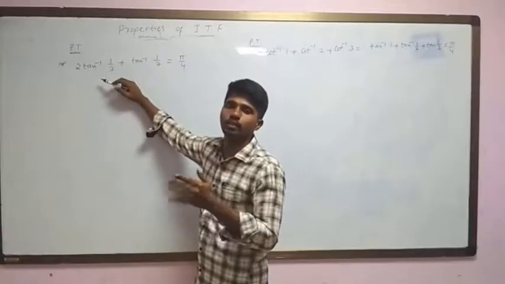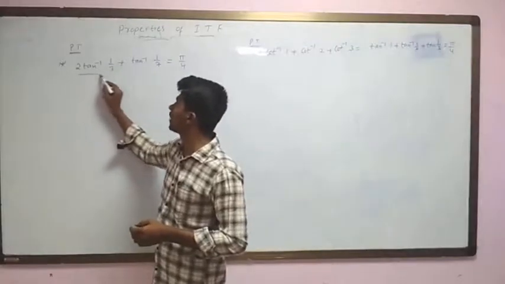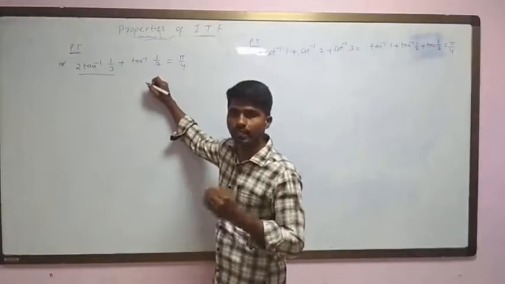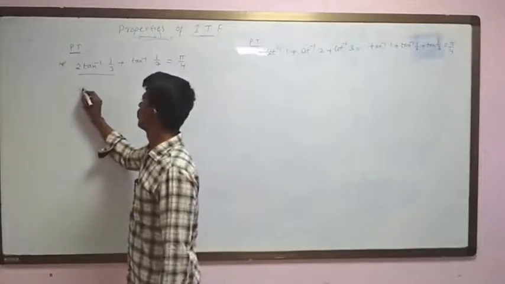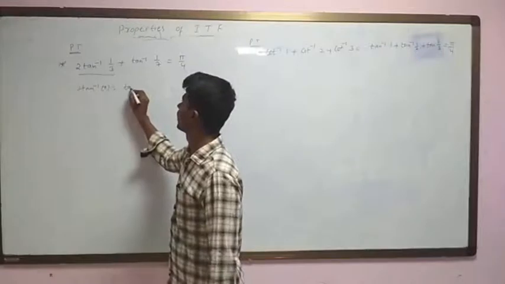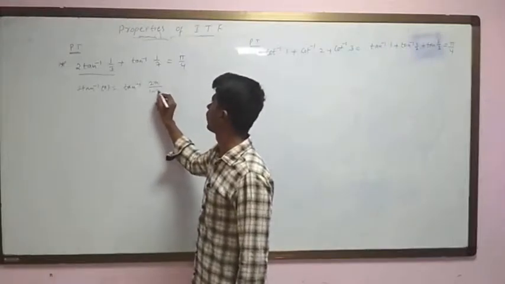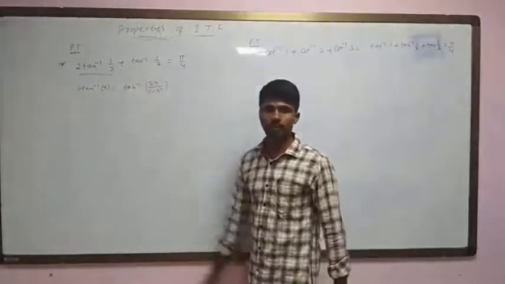We can apply the formula twice, or we can write this 2 tan inverse x as tan inverse of 2x by 1 minus x square. So we can use this formula to simplify the given one.